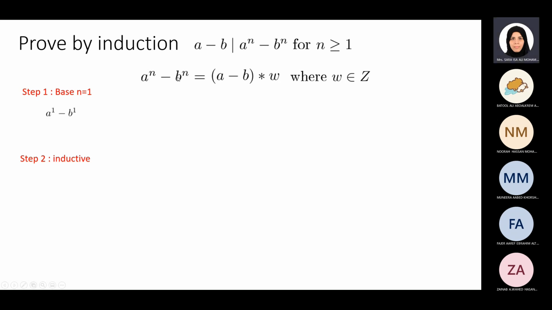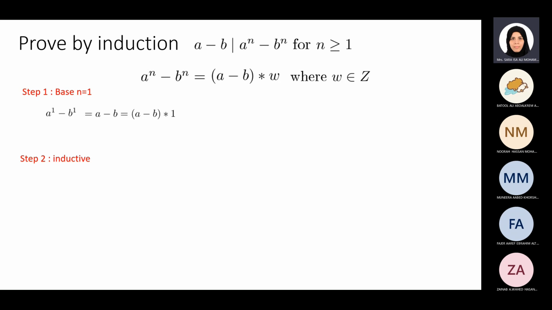A to the power 1 minus b to the power 1 is equal to a minus b, which means a minus b is divisible by a minus b. Yes, because w is equal to 1. That means a minus b divides a minus b. When it is divisible, I can find w as an integer value, which means it is divisible by a minus b.